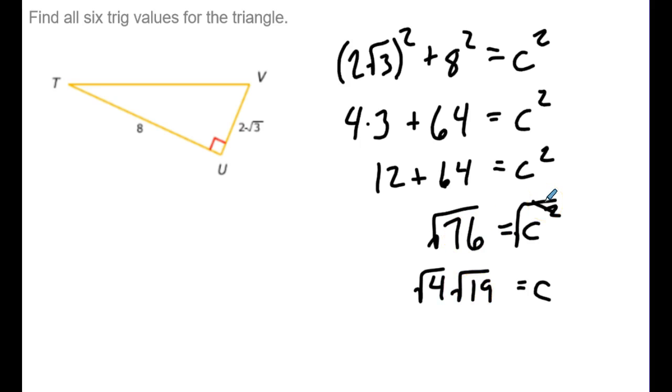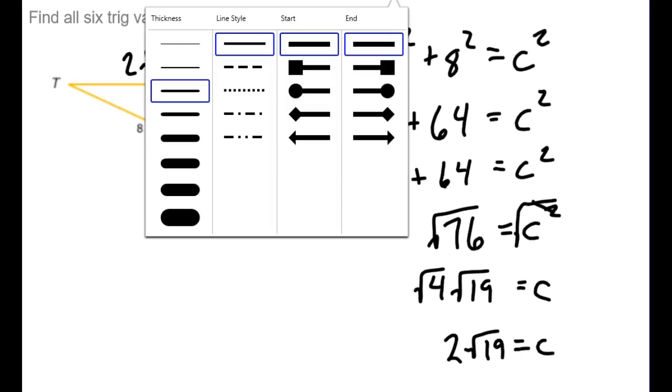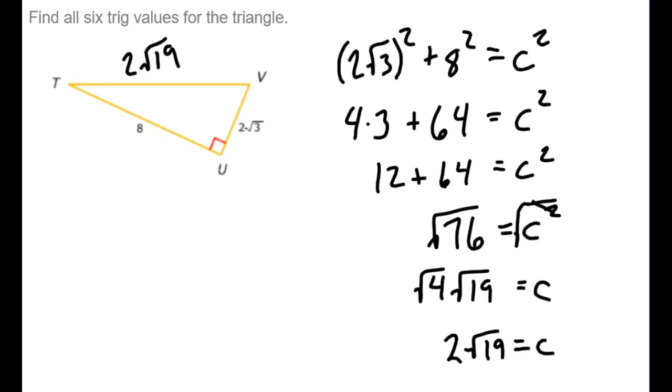The reason we do that, the square root of 4 simplifies down nicely. It's a perfect square. So this is 2 radical 19 is the length of our hypotenuse. So now we have all 3 lengths of this right triangle.